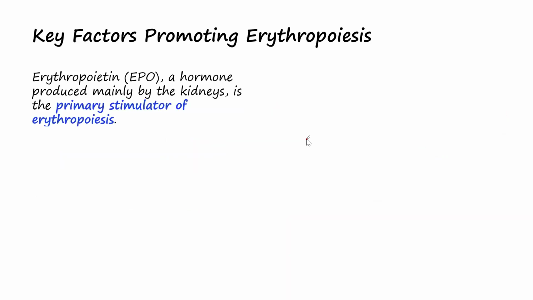So what are the key factors promoting erythropoiesis? Erythropoietin, EPO, is a hormone produced mainly by the kidneys and is the primary stimulator of erythropoiesis. So the major promoting factor that accelerates erythropoiesis is erythropoietin.